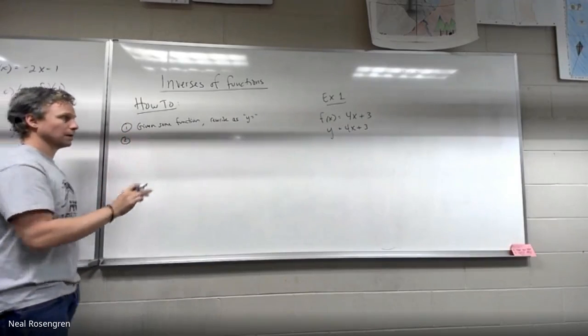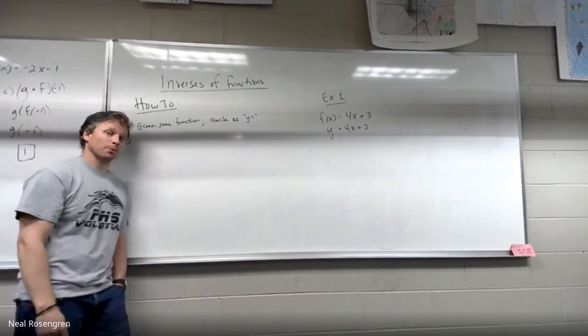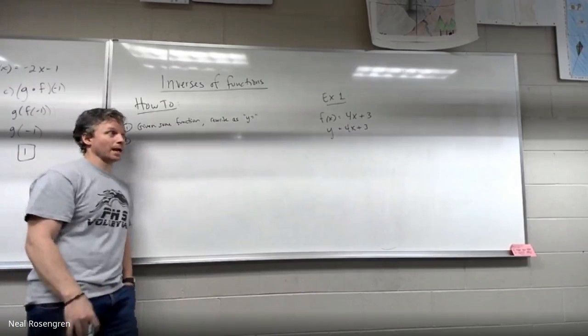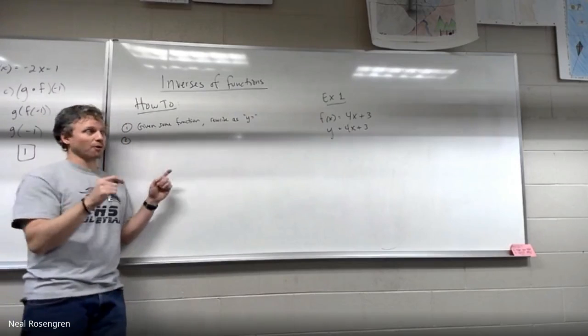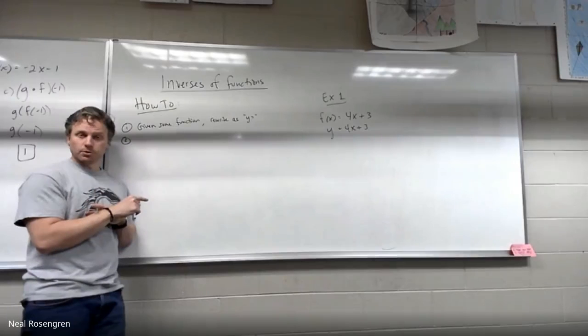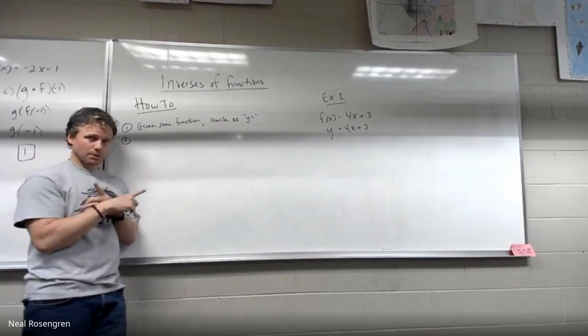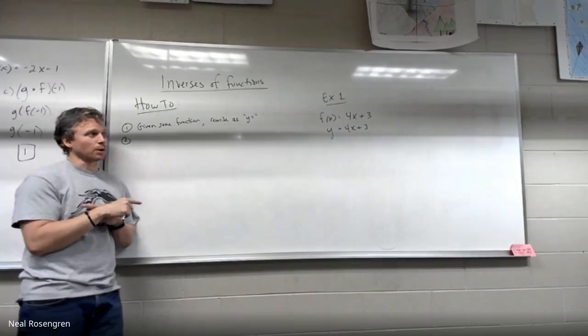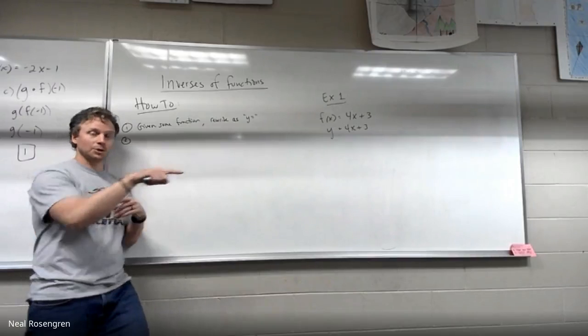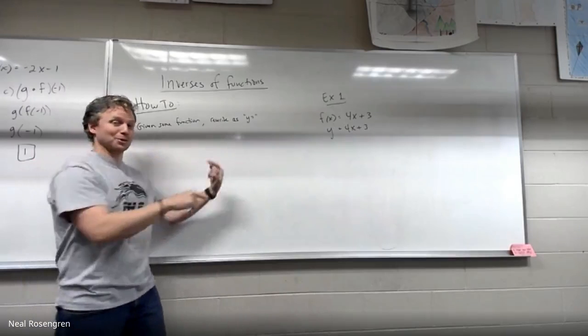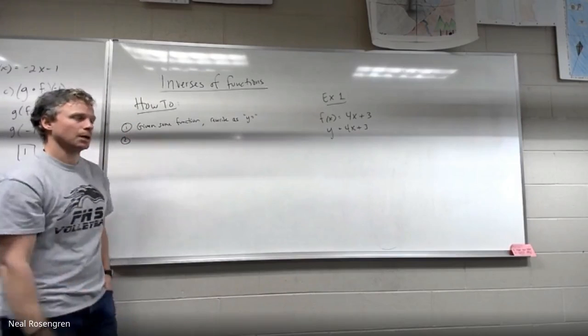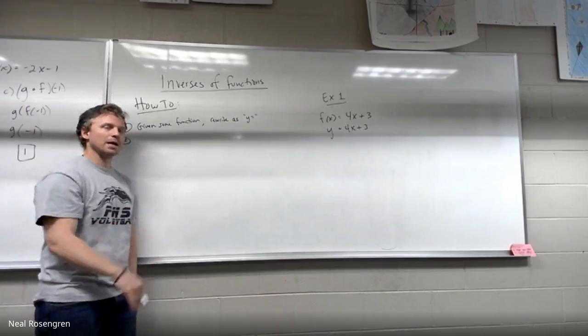Do you remember what to do right now to get ourselves from a function to its inverse? I want to go from addition to subtraction, or from multiplication to division. I just want to do the opposite, but I want an easy way to write that algebraically.